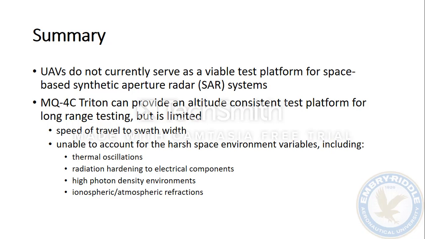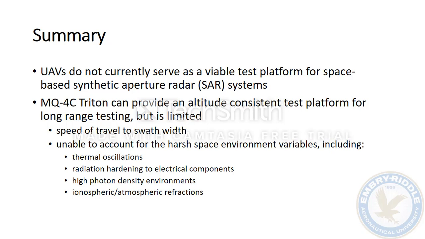We're also unable to account for those harsh environmental variables to the actual sensor and spacecraft and just the boxes themselves due to the thermal oscillations present in LEO. So LEO can range anywhere from -70 degrees C to upwards of 100 C. So you've got a really oscillating thermal environment there. Then there's radiation hardening and high photon density environments due to the South Atlantic Anomaly.